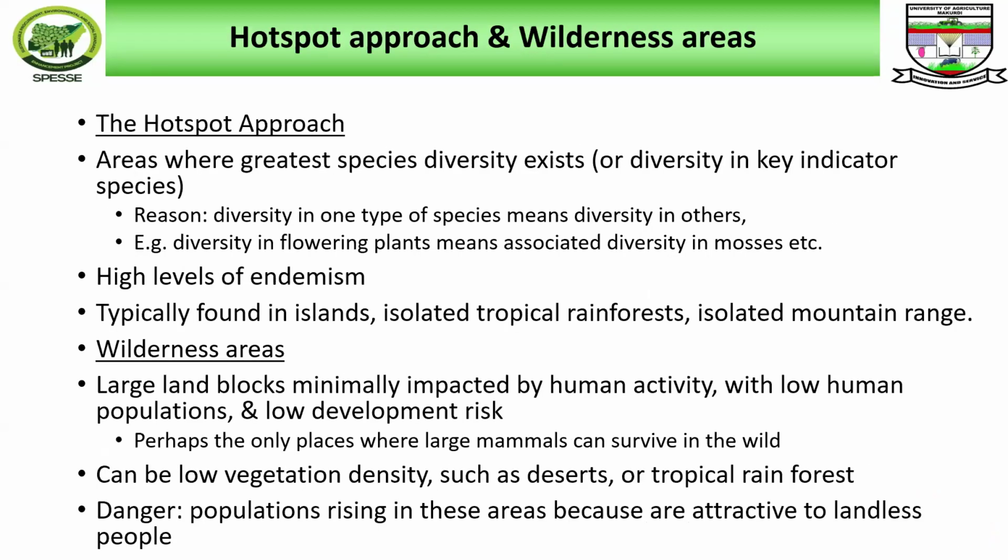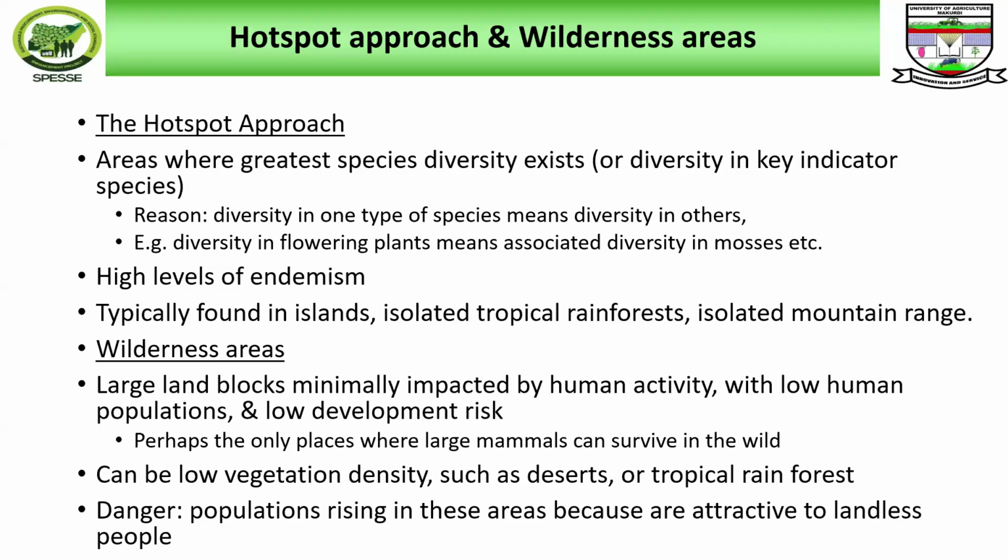The hotspots approach and wilderness approach are other approaches: areas where greater species diversity exists, or diversity in key indicator species. So again, this is close to the ecosystem approach, but in this approach now, the choice is based on having a large diversity in species as a defense for that.